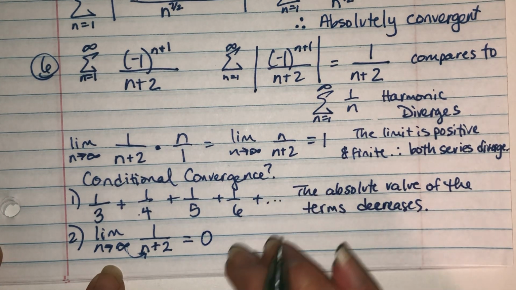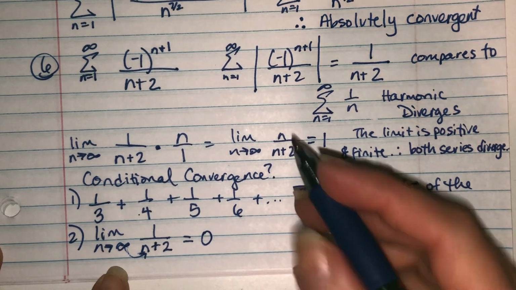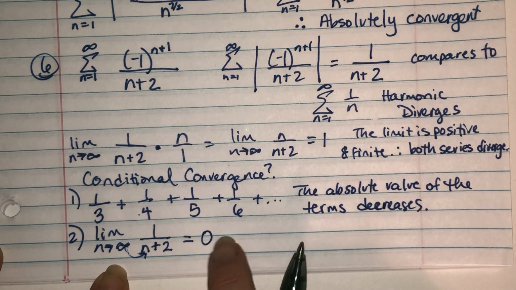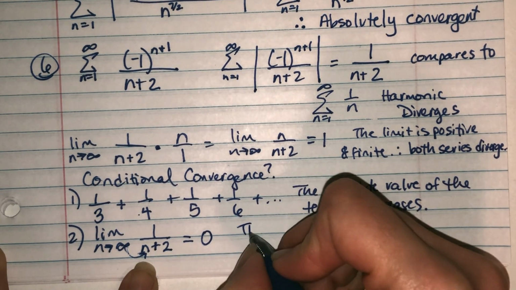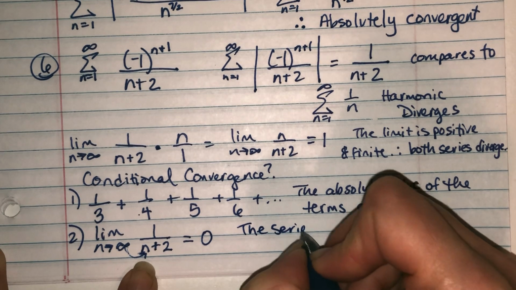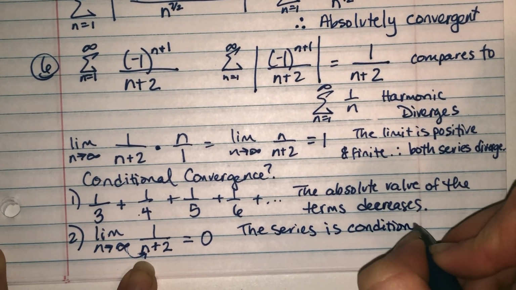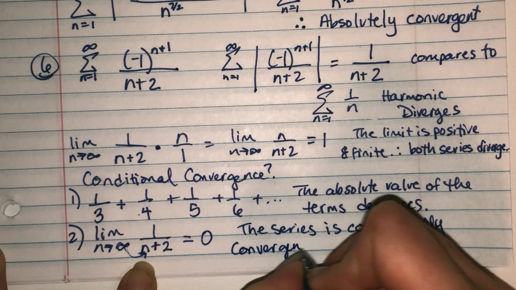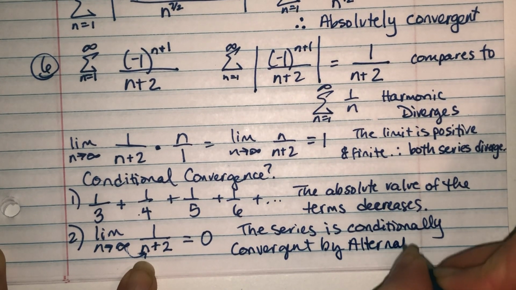So both of the conditions for conditional convergence have been met. The absolute value of the terms decreases. The limit as n approaches infinity of the absolute value series is equal to 0. So we can say that the series is conditionally convergent by the alternating series test.